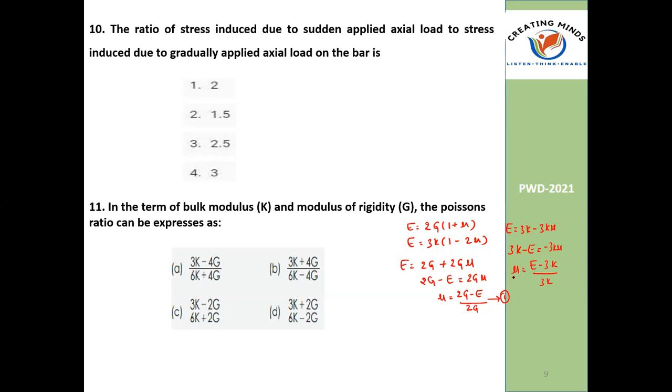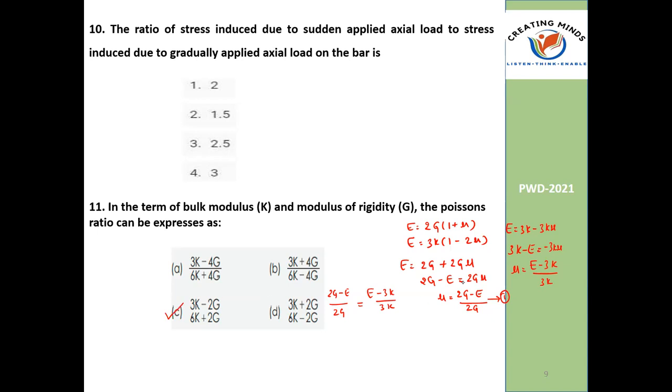If you equate these two equations, (2G minus E) divided by 2G equals (E minus 3K) divided by 3K. If you do cross multiplication and simplify, you get (3K minus 2G) divided by (6K plus 2G). So the option is C.